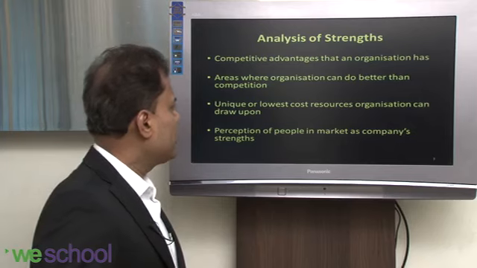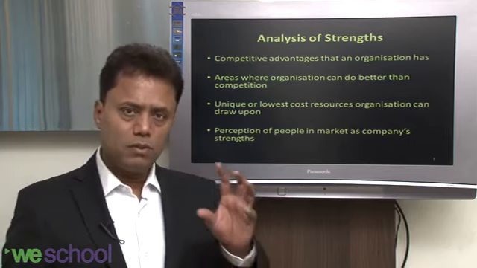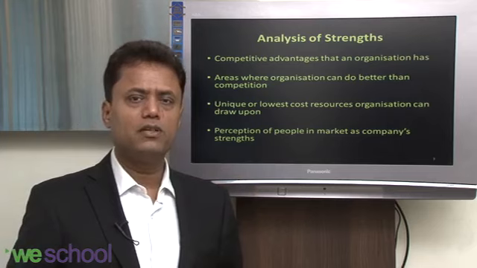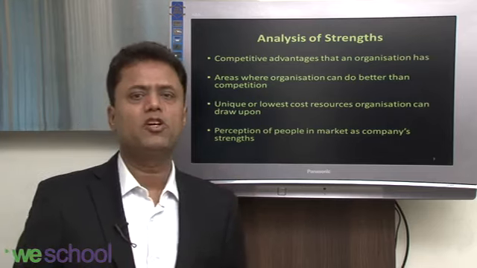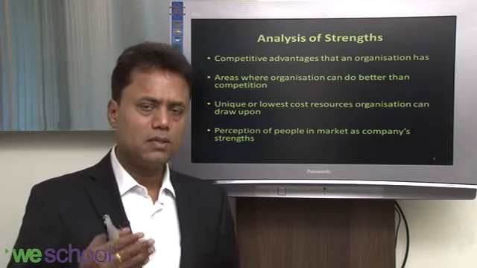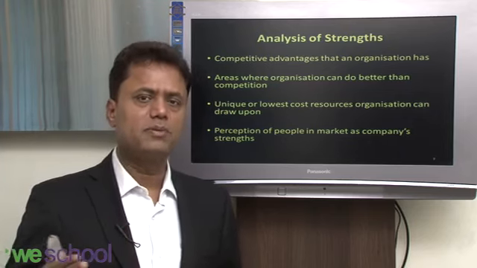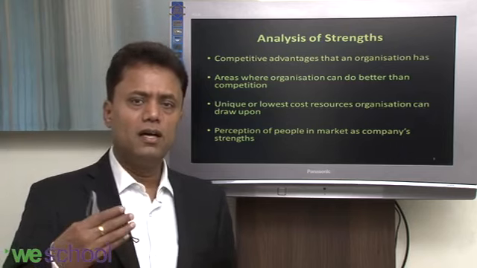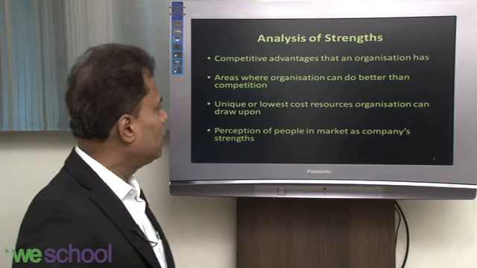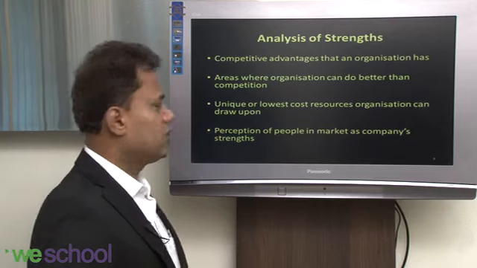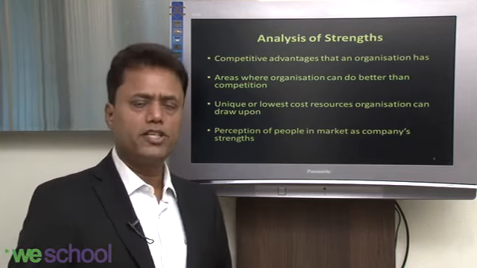Areas where the organization can do better than the competition. What are the key differentiators, the values that you bring to the table, which are different from the competition? What I call unique selling proposition, or USPs, the unique value system that you are bringing to the table. Unique and lowest cost resources the organization can draw upon, because this could be a competitive advantage.